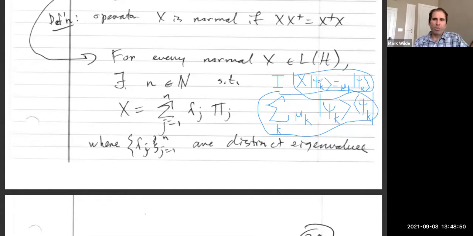Okay, so we'll make use of this form as well as this form. But keep in mind that this one's unique because these degeneracies where you could have eigenvectors with the same eigenvalue are captured by these spectral projections.